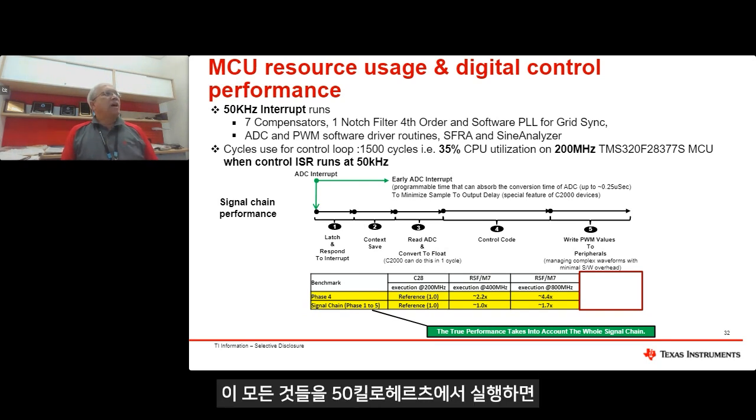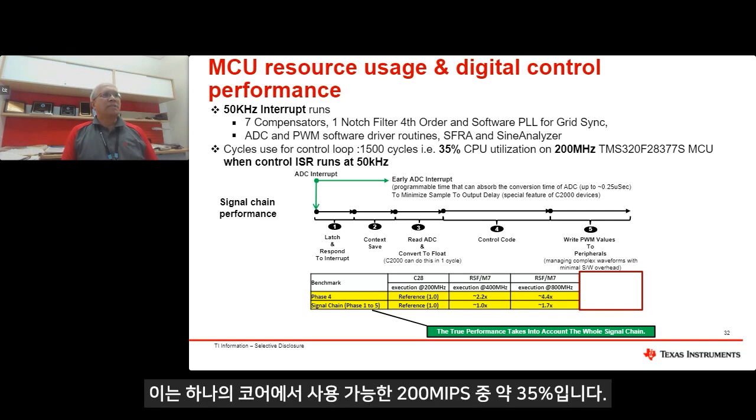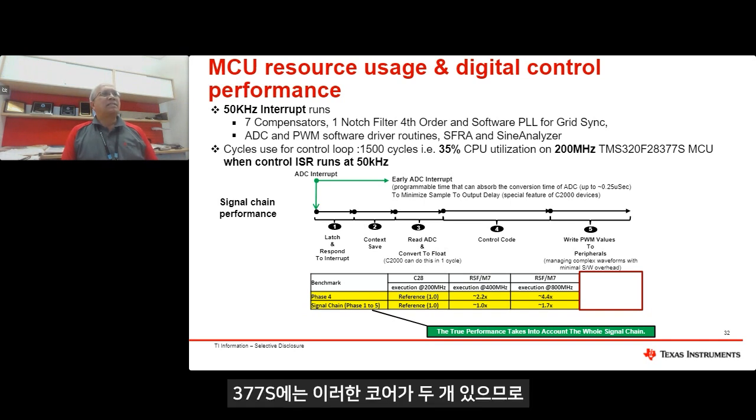All these require, if you run it at 50 kilohertz, about 1,500 cycles in that implementation, which is about 35% of the CPU utilization on a 200 megahertz C2000 MCU, the 28377S series MCU. That's about 35% of the available 200 MIPS in one core. The 377S has two such cores, so a total of 400 megahertz in that case.